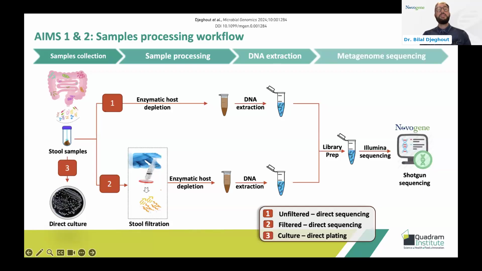Following enzymatic depletion of host DNA, this approach aimed to capture the broadest possible microbial diversity present in the clinical samples. Second, we applied a 0.65 micron syringe filtration step to a subset of samples, effectively reducing background noise and selectively enriching for Campylobacter cells. This optimization aimed to enhance the quality of sequencing reads and improve downstream genomic analysis.